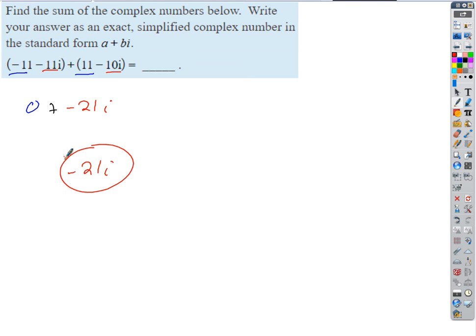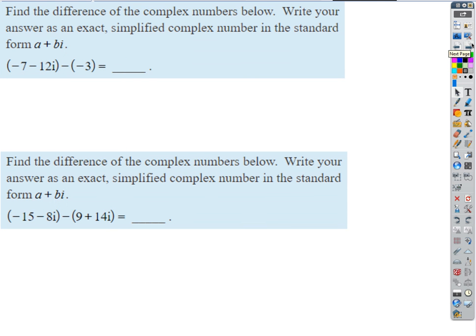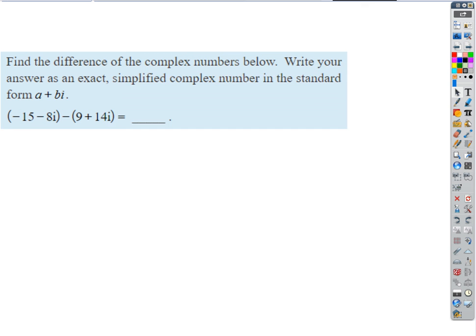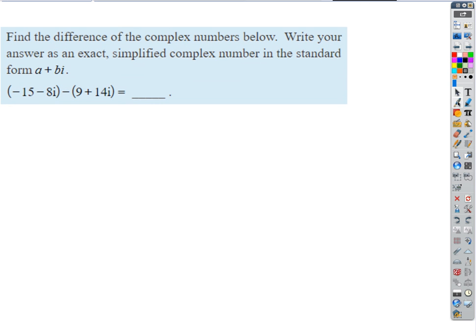No biggie. Okay, what about subtracting? Let's take that one. What's the only difference with subtracting? Okay, right, because I'm subtracting all of this stuff. What would I want to do with that negative sign? Distribute, sure.